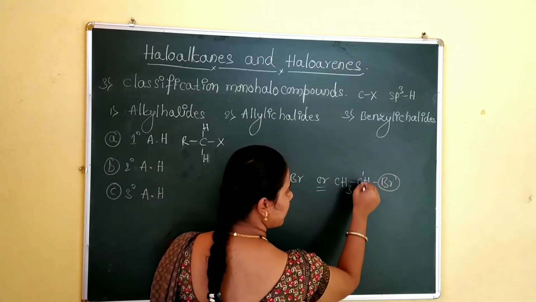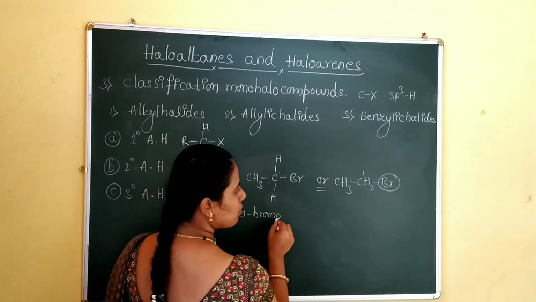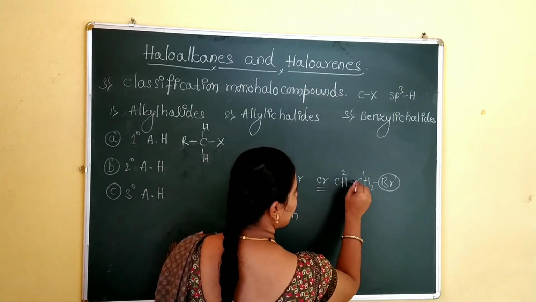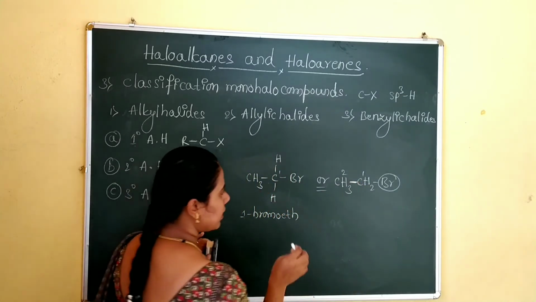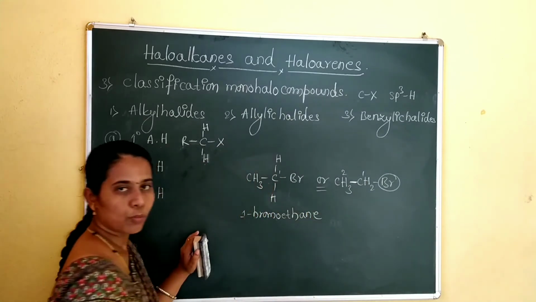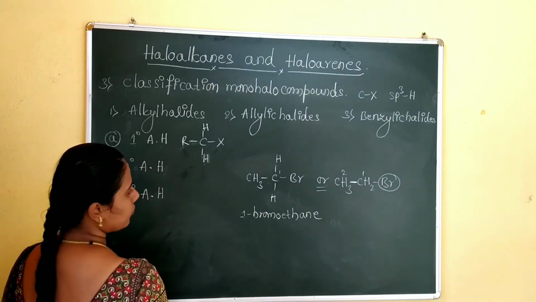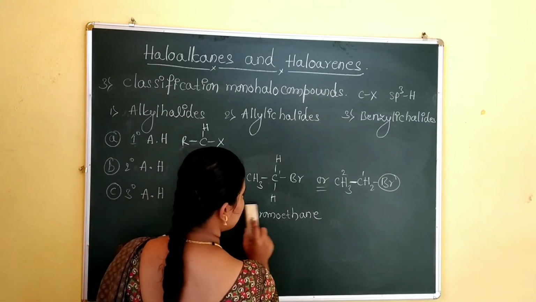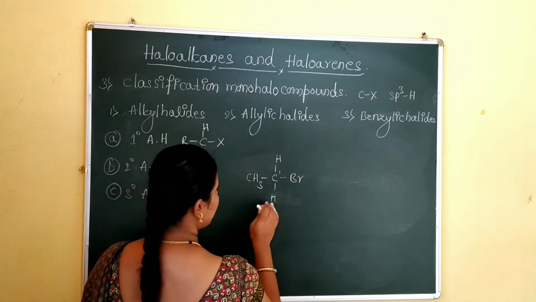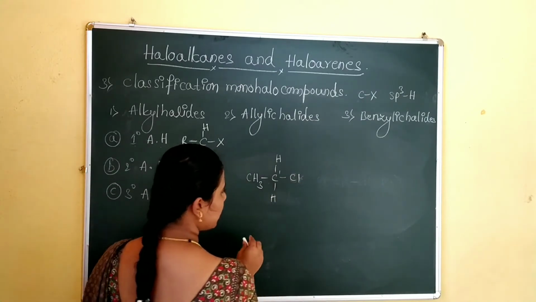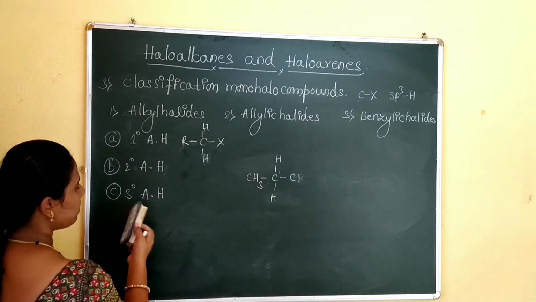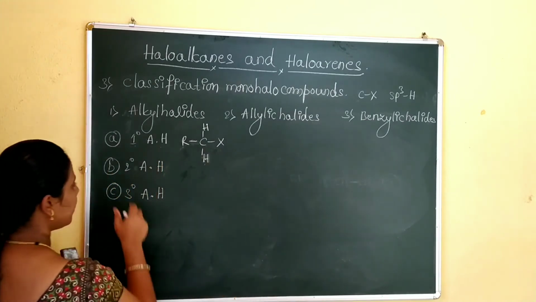Bromine atom is attached to the first carbon atom. Therefore, 1-bromo with eth. Eth is the root word, and it contains a carbon-carbon single bond. Therefore, the primary suffix is ane. 1-bromoethane. Similarly, one more example: if this halogen atom is chlorine, then it becomes 1-chloroethane. And next, an example for secondary alkyl halide.